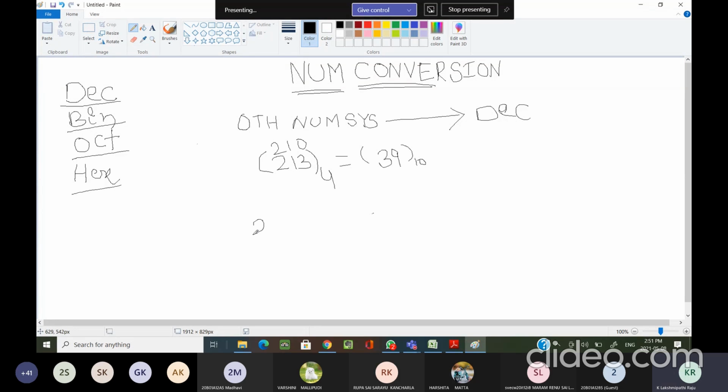So 2 into 4 square, plus 1 into 4 power 1, plus 3 into 4 power 0, because the given number system is base 4. 4 square is 16, 16 into 2 is 32, plus 1 into 4 is 4, plus 3 into 1 is 3. 32 plus 7 is 39. 39 of base 10.